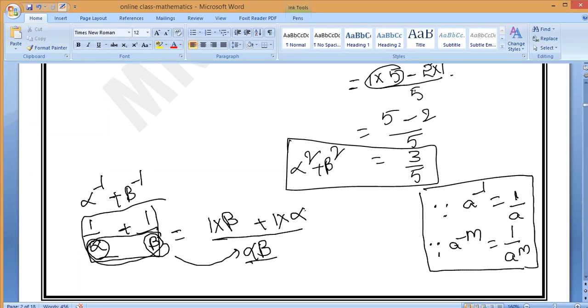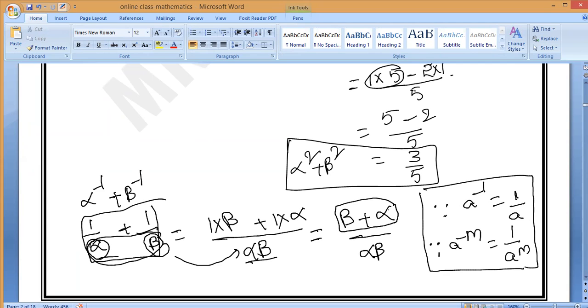Prahasini, any doubt? Write alpha into beta as it is. What is the alpha plus beta value? We already found it.